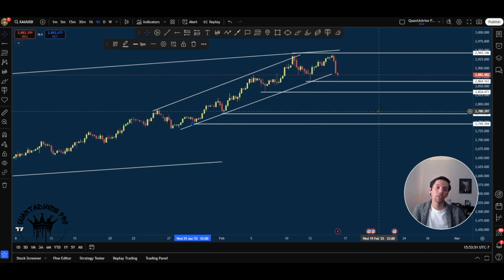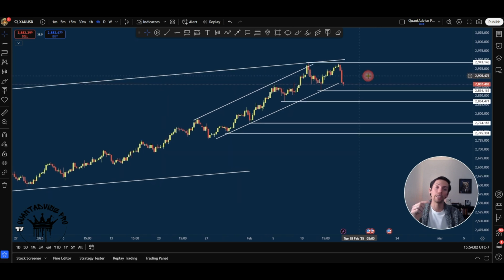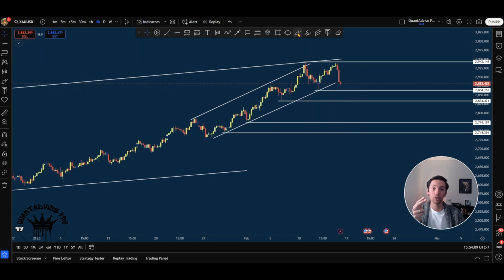Now, each of these targets, it's not like price has to come and collect any of these targets. It's all about how price is getting to each one of these targets that would determine how I look to take gold for the rest of the time, right? So if price correctively gets to here and then pushes back up, then I know I'd be willing to take some more highs up into this area, okay?